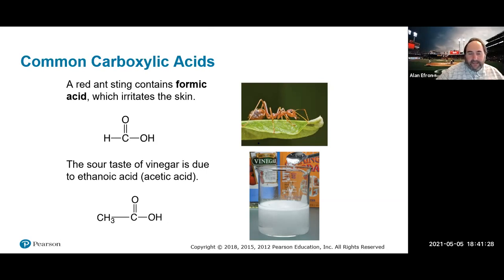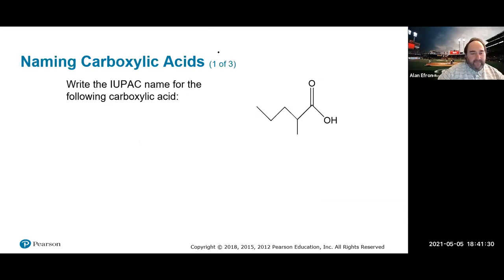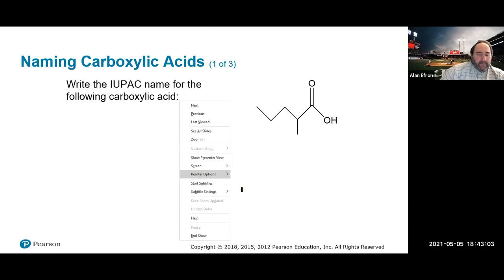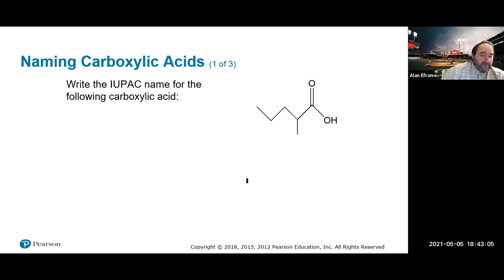All right, so why don't you take a second here and write the name for this guy and see what you come up with. So looking at this, remember, pretty much in all organic, we're looking for the longest continuous carbon chain. Remember, it does need to have the functional group, and our functional group is right here, right? That's our carboxylic acid group right there.